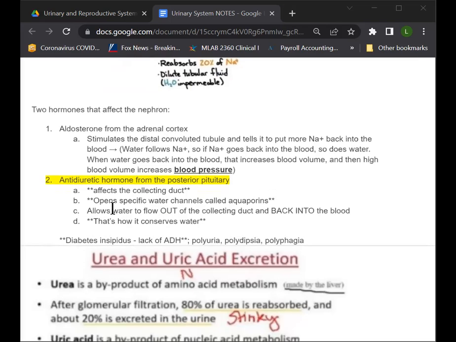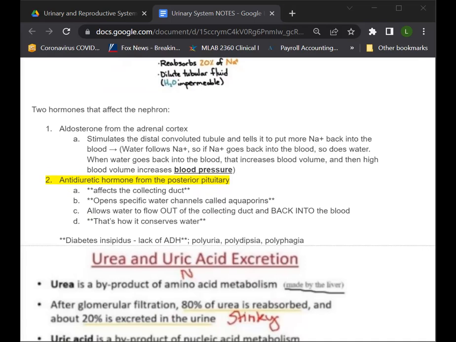Right, then we also need to know about two hormones that are going to affect the nephron. So there's going to be aldosterone from the adrenal cortex.